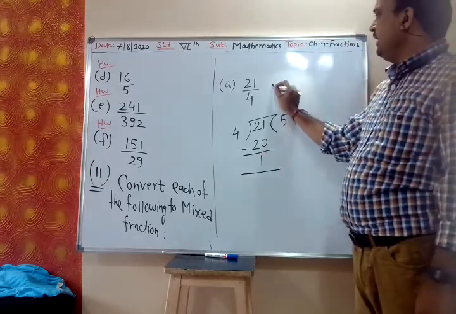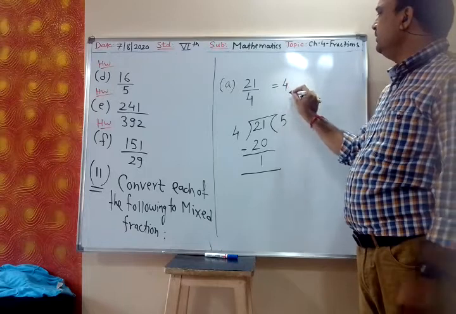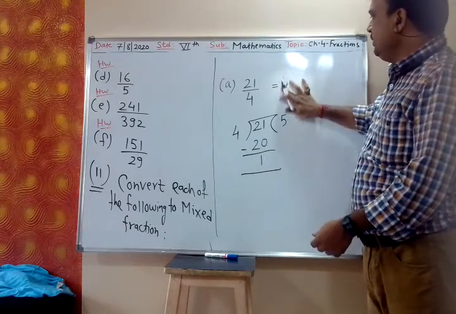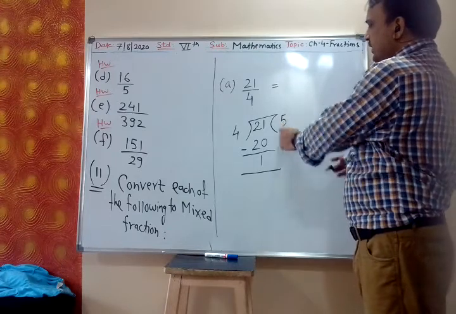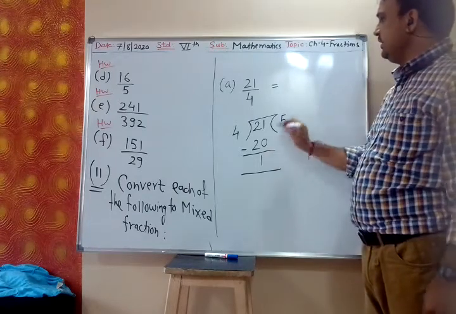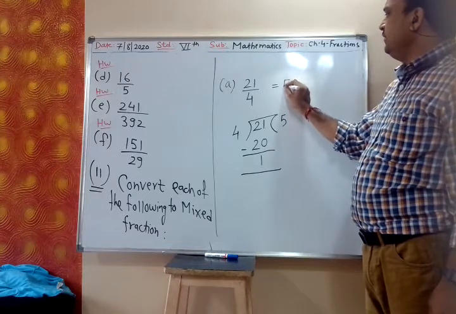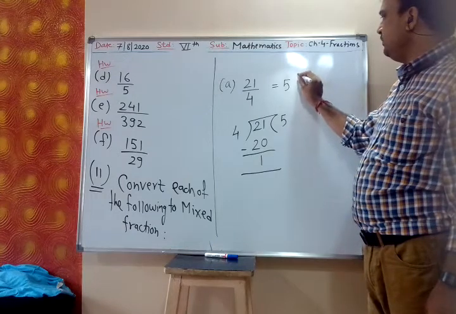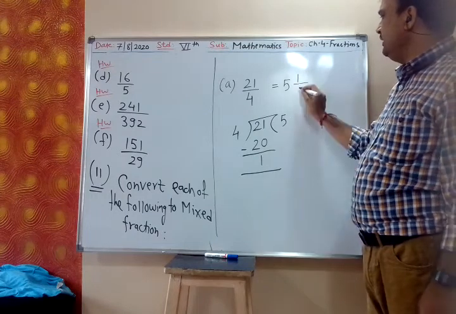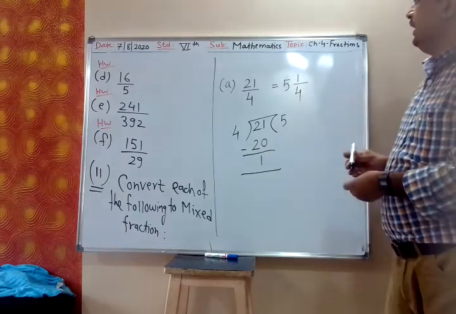This is quotient and this is remainder. So we write 5 as the whole number, then the 1 remainder will be up, and the 4 stays in the denominator, so 5 and 1 by 4.